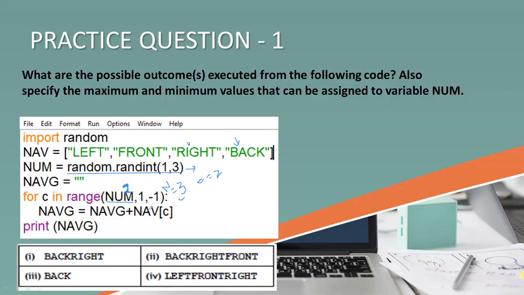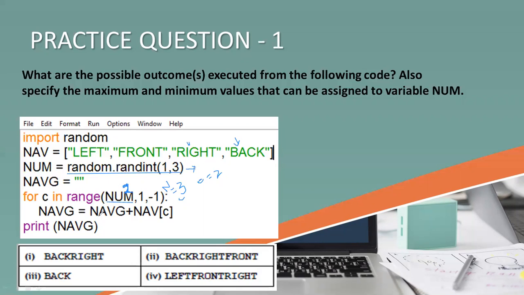It will be concatenated with the empty string of navg. Now when the loop runs for c is equal to 2, we get the output right. So it will be concatenated to the navg, which is currently back. So we will get the output as back right.